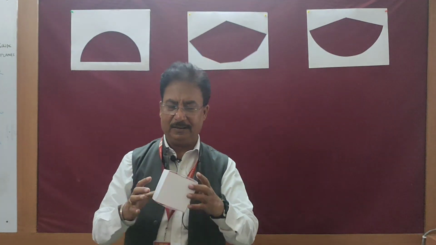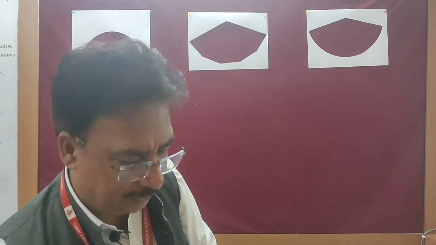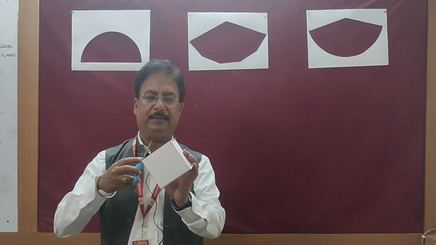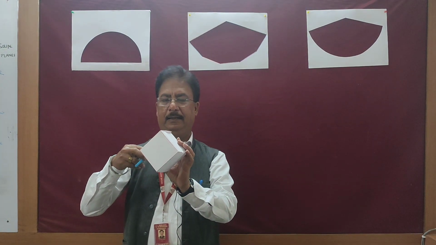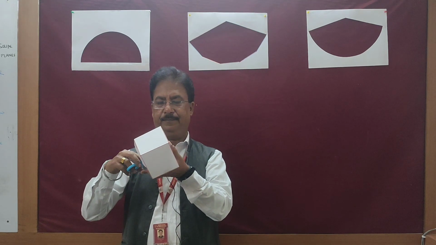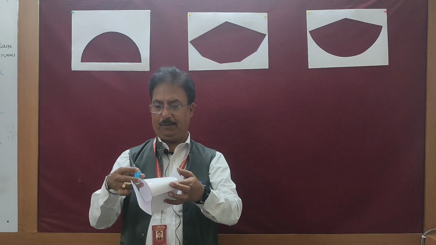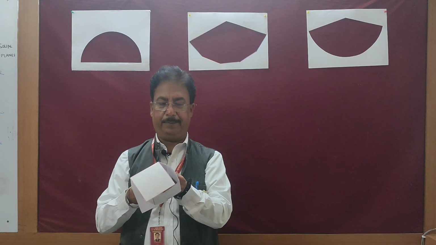Again, I have this cube made of paper. If I want to open it, I can cut these edges of this cube like this, as I have already made this with the help of paper.